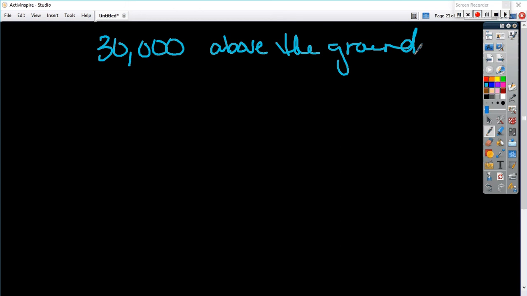And then it begins descending at the rate of 2,000 feet per minute. Now, the per tells me it's going to be the slope, but because it's descending, descending is going down, right? So I need to do negative 2,000. Does that make sense to everybody? Okay.